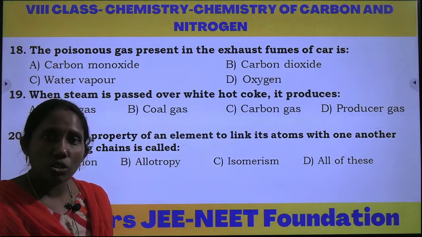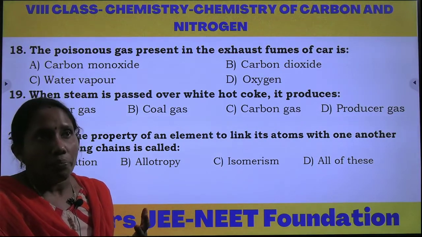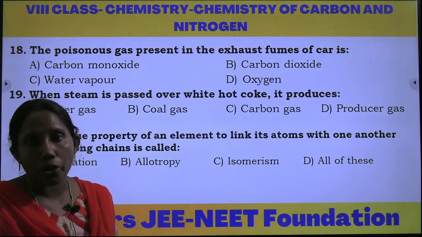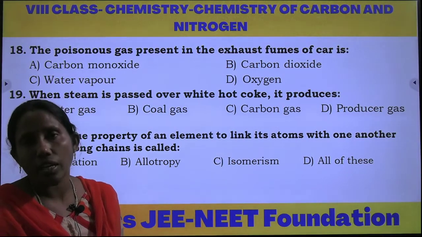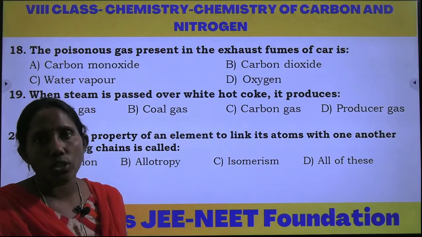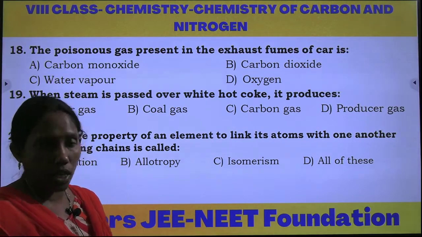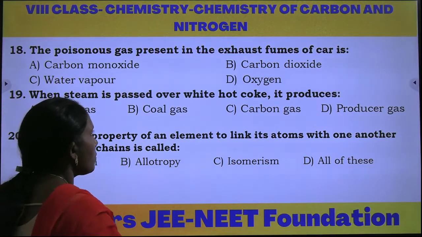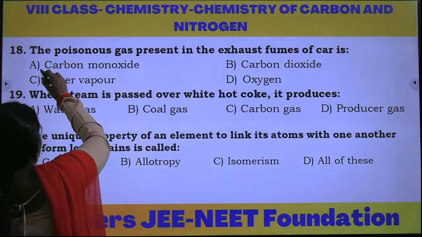Nowadays petrol usage is increasing, so when petrol usage increases, harmful gases are released. Carbon monoxide is one of the gases which is poisonous in nature, right? So the poisonous gas present in the exhaust fumes of a car is, first one, carbon monoxide.